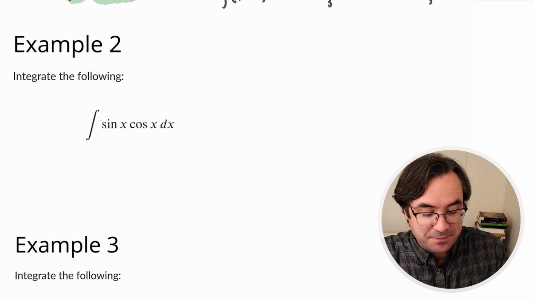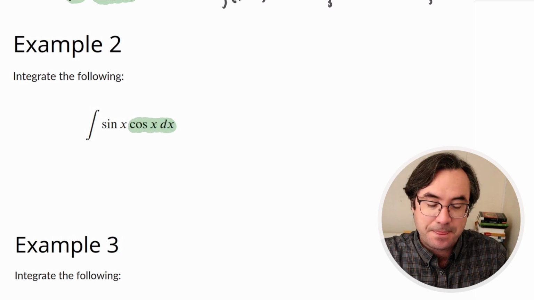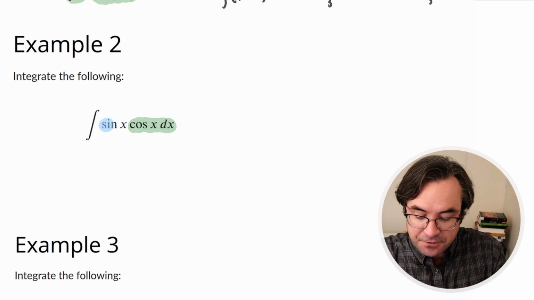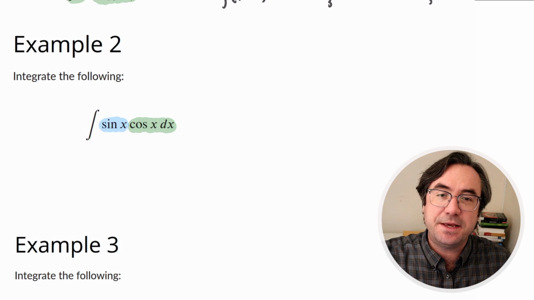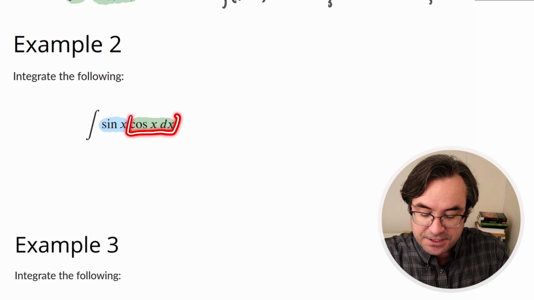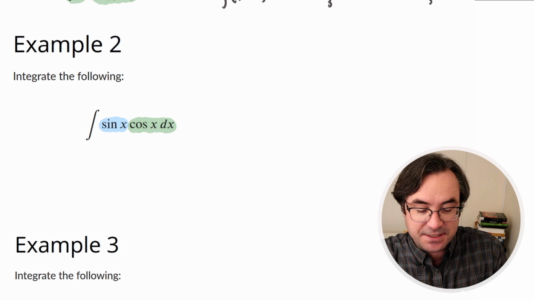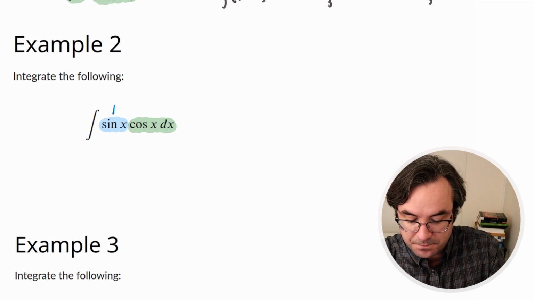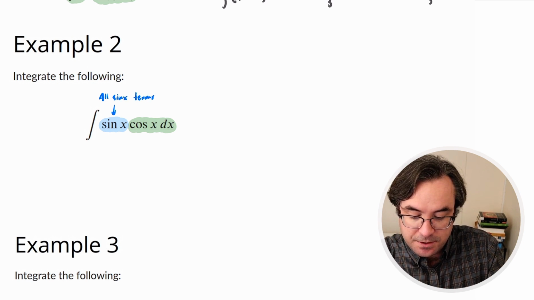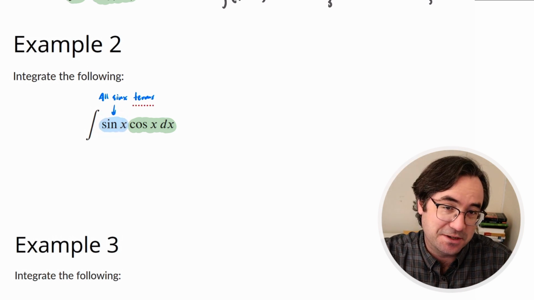So let's just peel off that one copy, put it next to our differential, and then everything left over has to be sine. So we're going to save this one cosine, and then everything else has to be sine, which, in this case, it already is. So we're good.